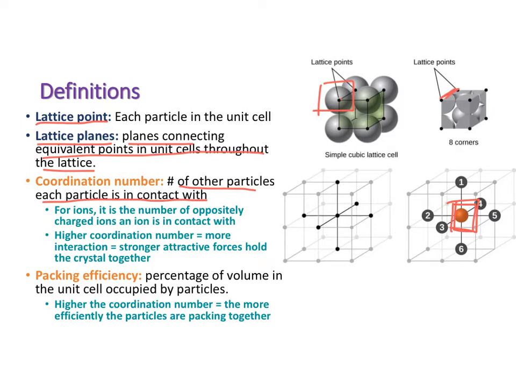There are 4 around it equatorially, and then axially, above and below, there are 2 more. So the higher the coordination number, the more interaction and the stronger the attractive forces that hold the crystal together. The packing efficiency is the percentage of volume in the unit cell occupied by particles. The higher the coordination number, the more efficiently the particles are packed together.